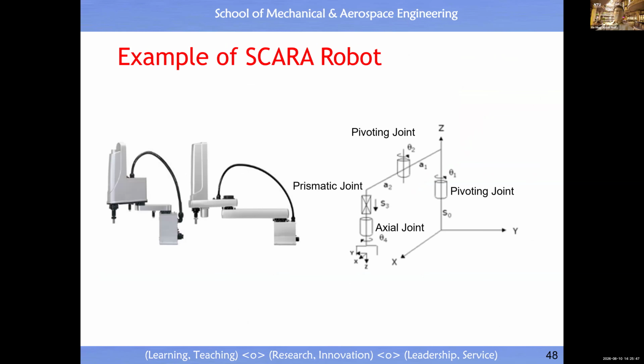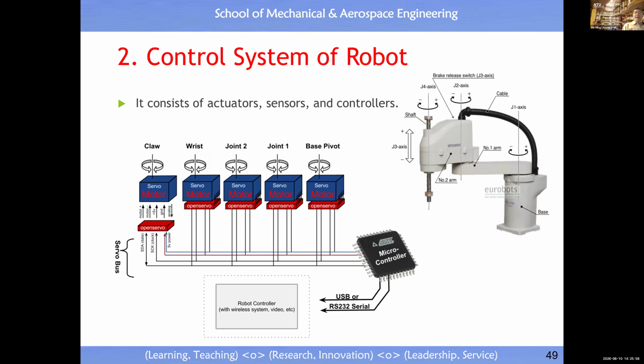And then here is an example of a SCARA robot, right? Then you see how many axes of rotation: 1, 2, 3, 4, right? And on top of the mechanic system, each axis must be powered by an actuator. That means we must inject energy, right? And all the actuators must link together, must be put under the control of a microcontroller. Then this slide helps you to understand this statement: any robot is a mini version of IoT. Keep this in mind, then it will make your life easier.